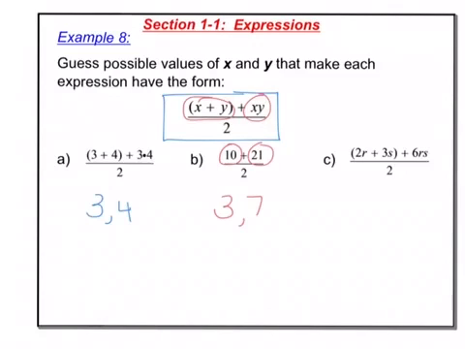If we take a look at this, 2r plus 3s and 6rs, we know that we could say that x is going to be equal to 2r and y is going to be equal to 3s, because the sum of those two, since they're not like terms, would be written like that, and the product of those two, you would just do 2 times r times 3 times s, 6rs.